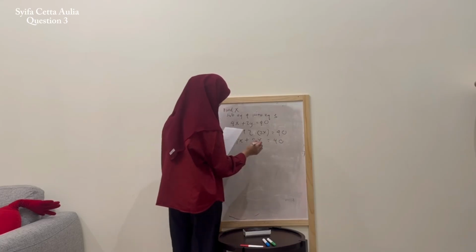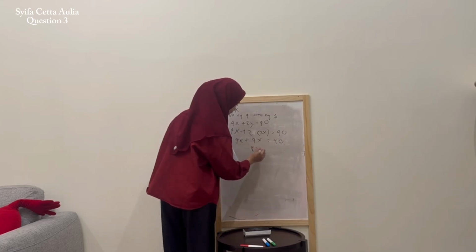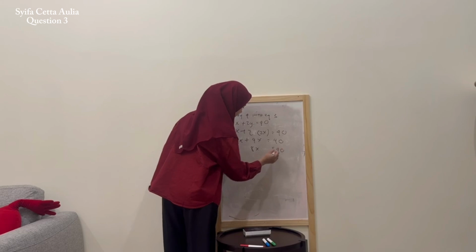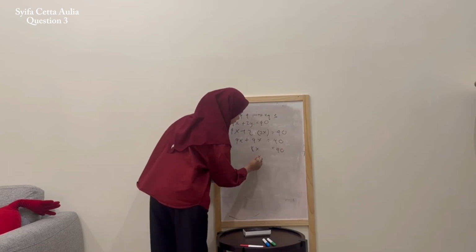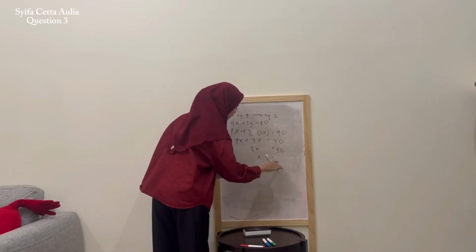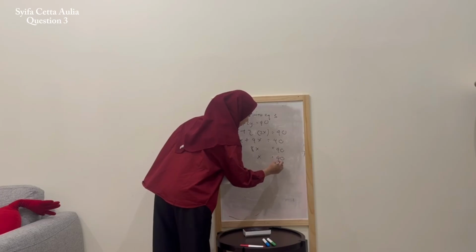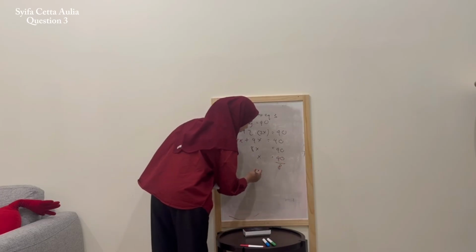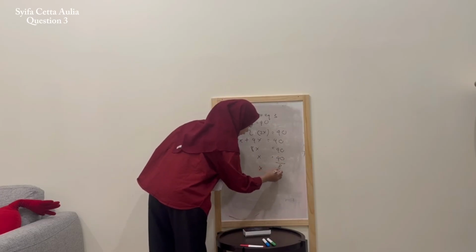Then 8x equals 40. So we move the 8 to here, so divide it by 8. Then we find x equal to 5.